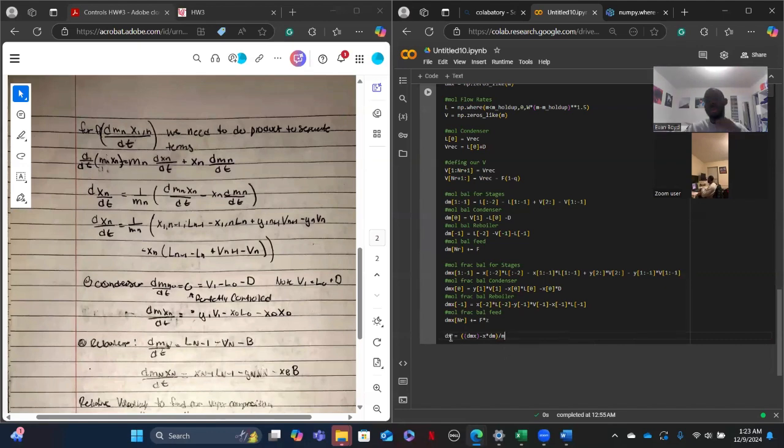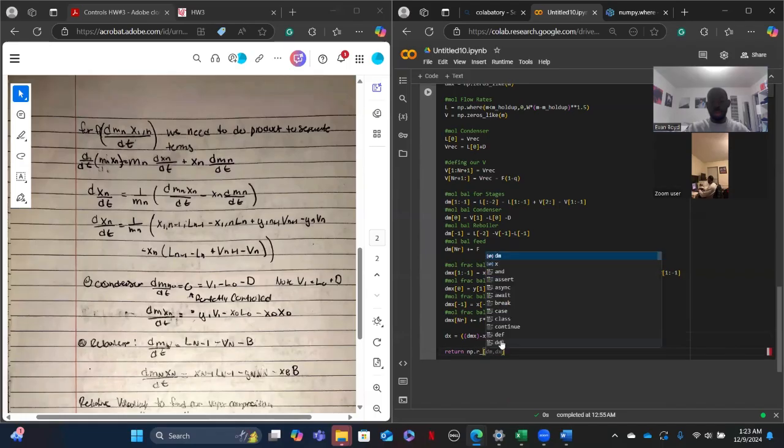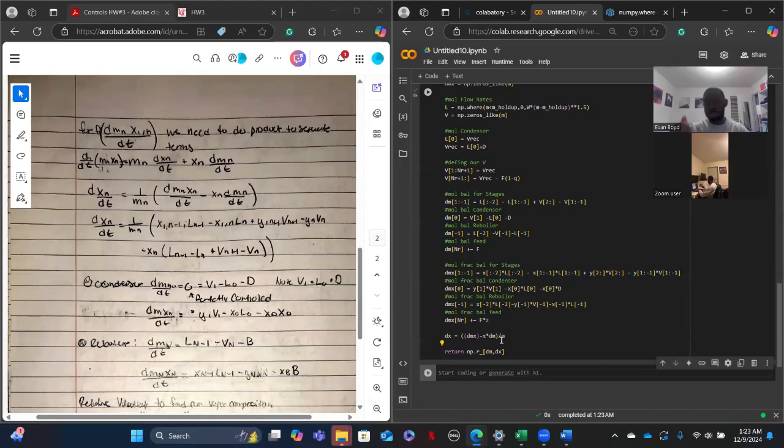So now we have our mole fraction. Okay. And now all we need to do is return. We'll put this into an array, into a row, and then we'll just return our change in moles and then our change in mole fractions. Shift enter. Hopefully that works.